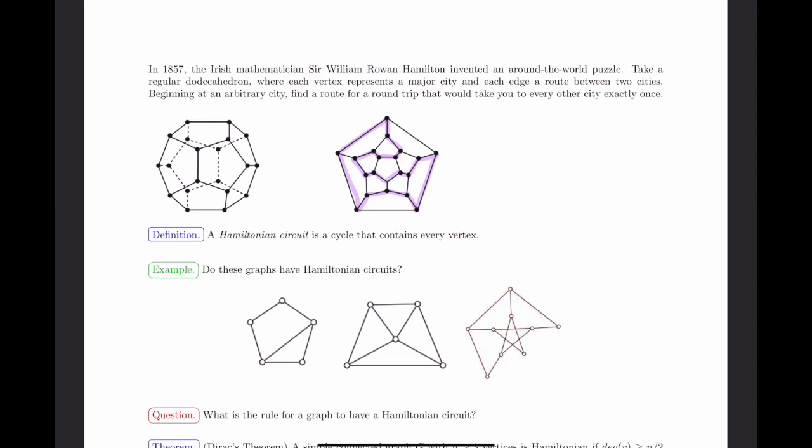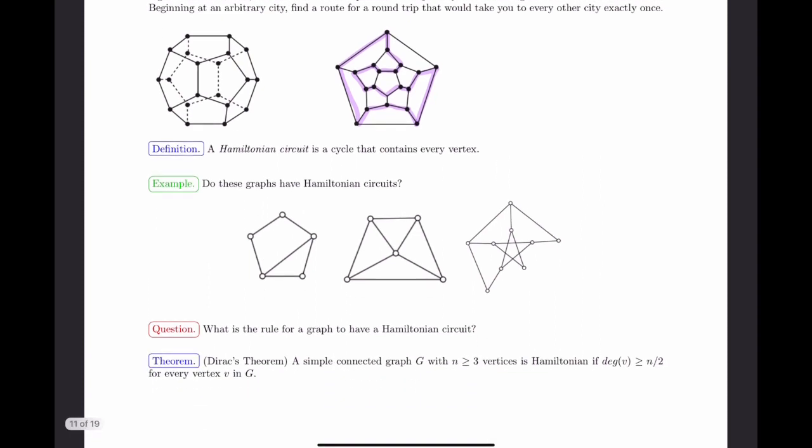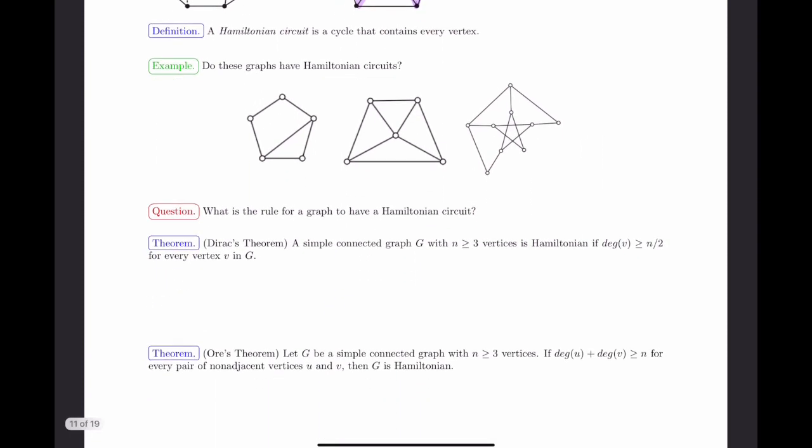The next question to ask is the exact same question that we were wondering about in the Eulerian world. What is the rule, or what are the conditions for a graph to have a Hamiltonian circuit? These problems seem to be very analogous to each other, and in the case of Eulerian circuits, we came up with necessary and sufficient conditions.